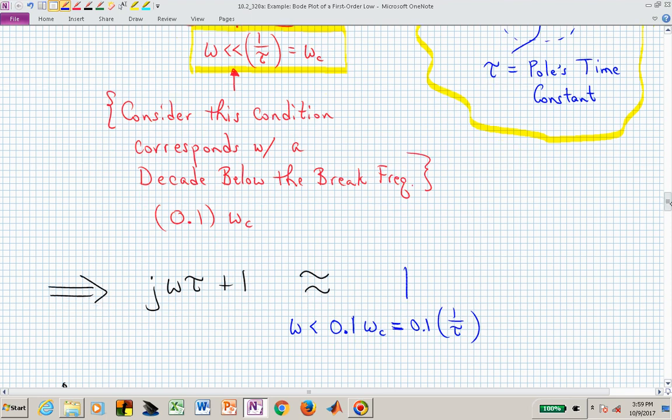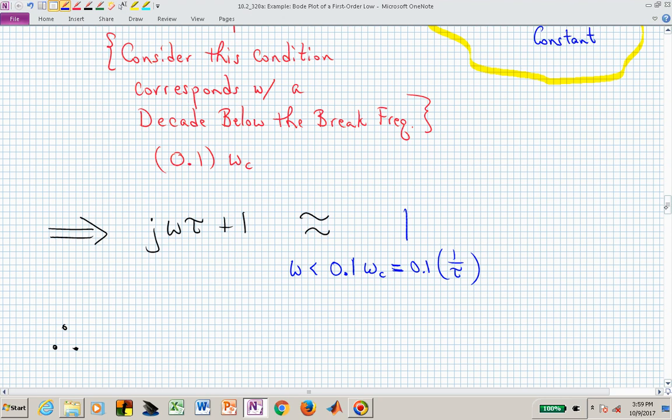let's just go ahead and approximate that to be equal to 1. That means that if we're looking at 20 times the log base 10 of the magnitude of j omega tau plus 1 under this condition, where omega is a decade or more less than the break frequency, then we can approximate this argument of the logarithm by simply 1.